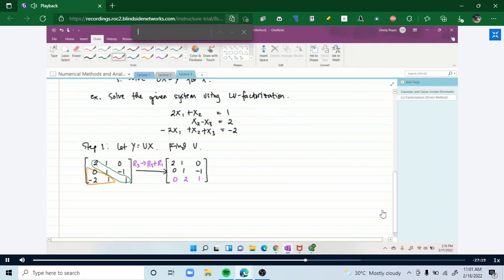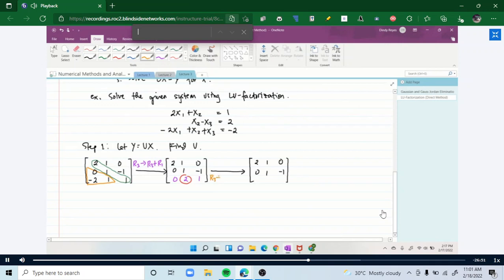Now we have to make this a 0, using another elementary row operation. We will not change anything with the first row and the second row. We can use the second row to make this a 0.